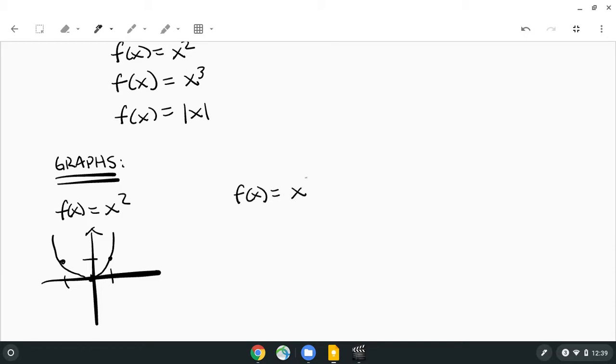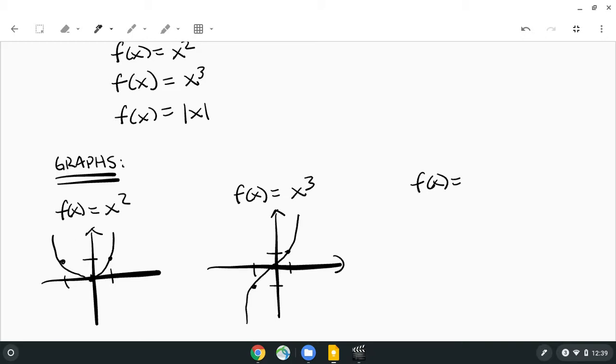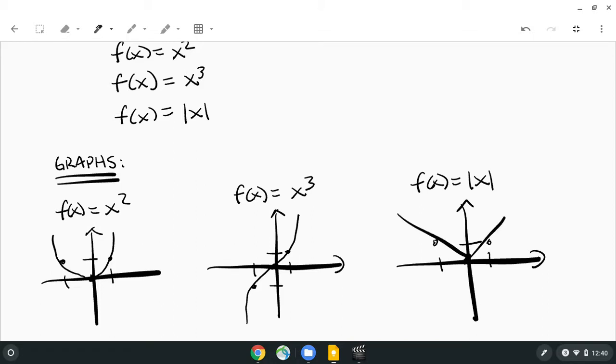And x cubed will have these 3 points, 0, 0, 1, 1, negative 1, negative 1. And this has that sort of snaky graph. And then absolute value of x: 0, 0, 1, 1, negative 1, 1. This is that V shape. So what we end up doing is taking the graph and shifting it.